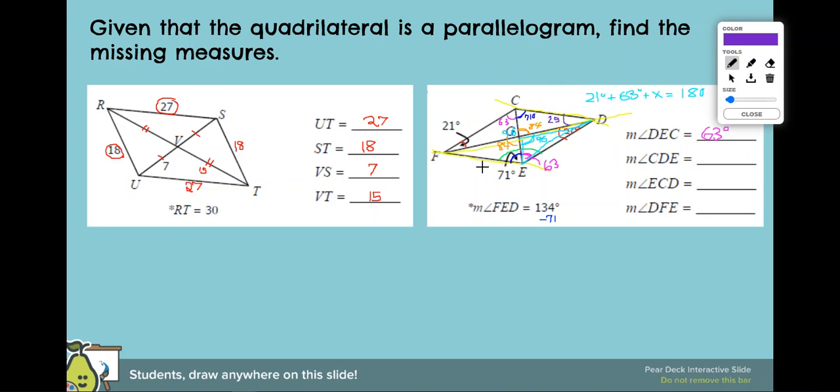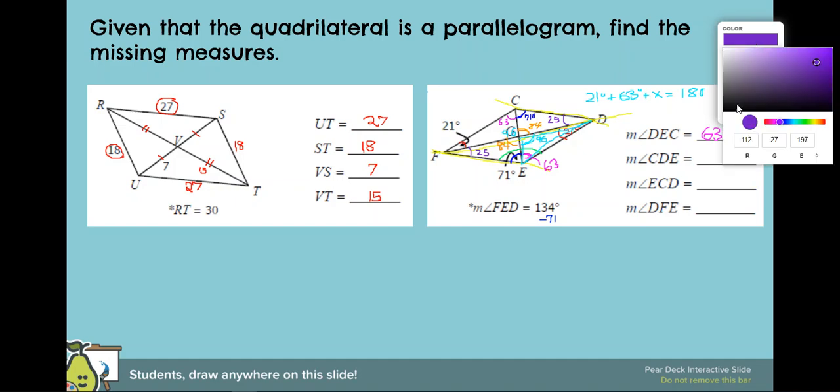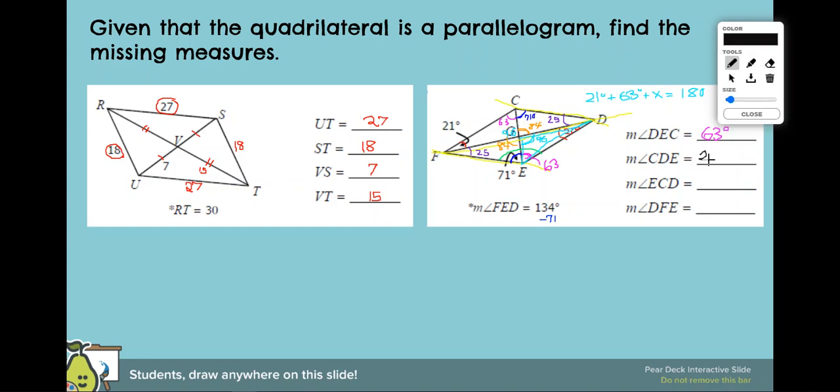Since this is 25 degrees, then this has to be 25 degrees. So now we've identified all of the angles that are possible in here. CDE, therefore, is going to be 25 plus 21 degrees, which means the entirety of that angle would be 46 degrees. ECD, we had already determined was 71 degrees. And DFE is 25 degrees.